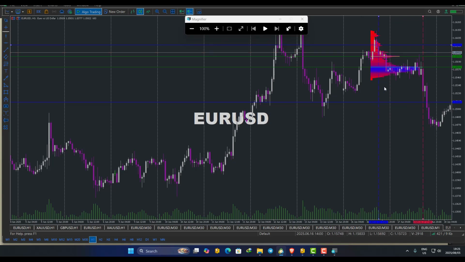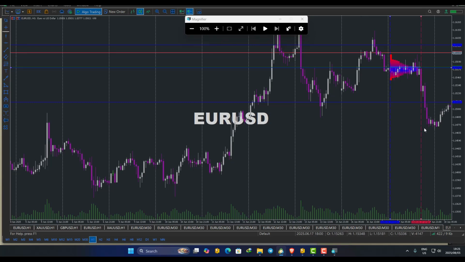This sideways movement also is another interesting one. The sideways movement breaks down to a downtrend, and we've got this sideways movement which breaks to an upward trend.